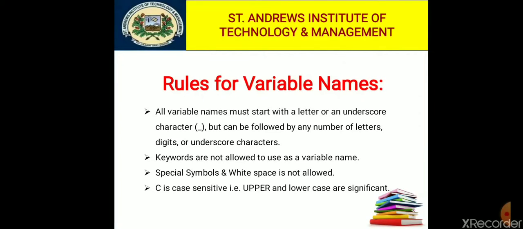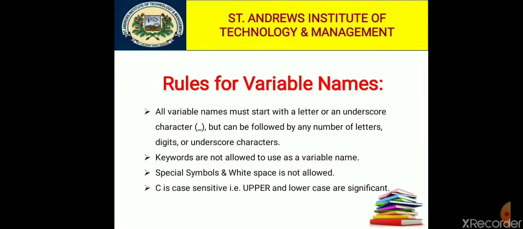So what are keywords? Keywords are reserved words which are predefined in the C# library, like struct. Struct is a keyword which is used for the structured data type. So we cannot use struct as a variable because it is already reserved in the C# library as a keyword.